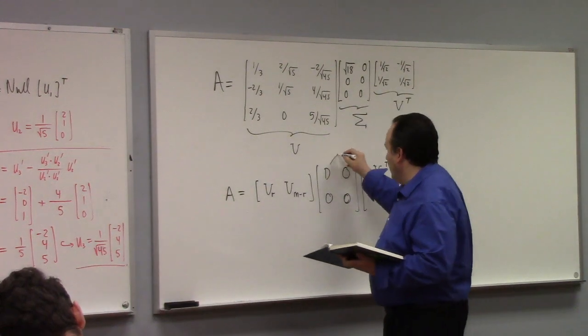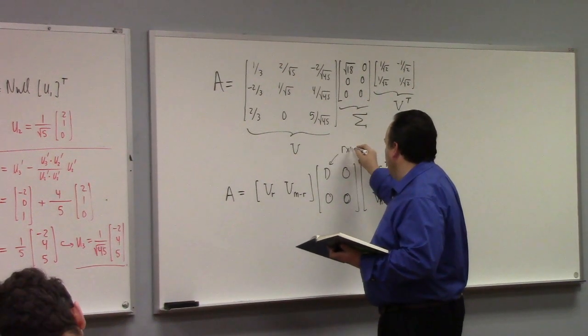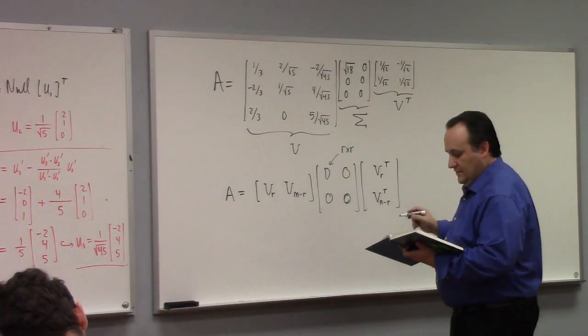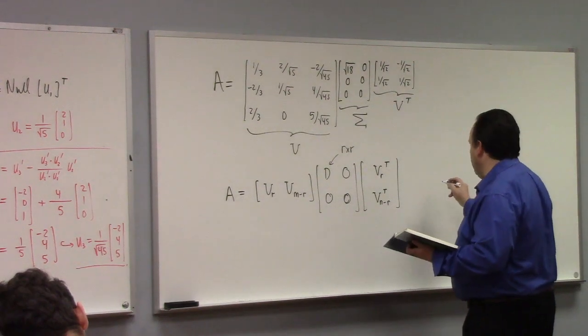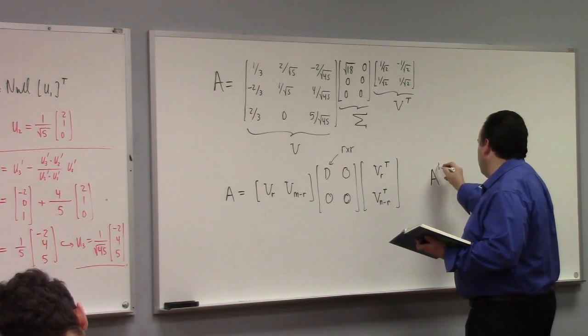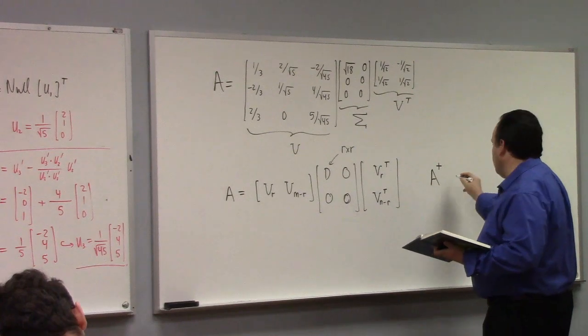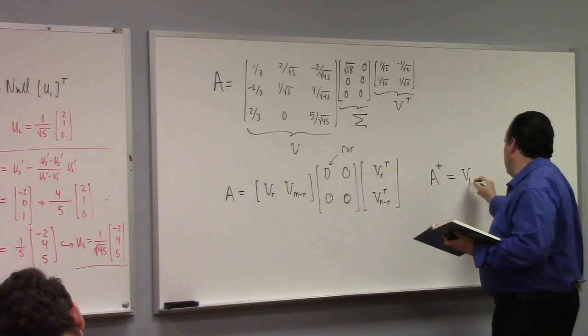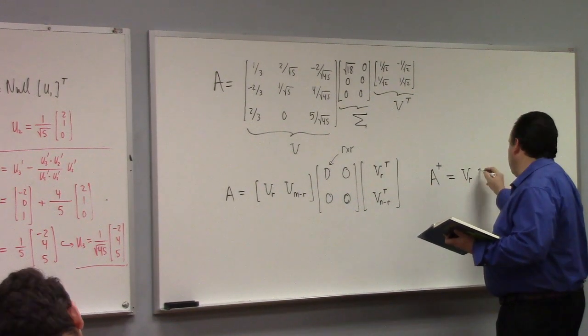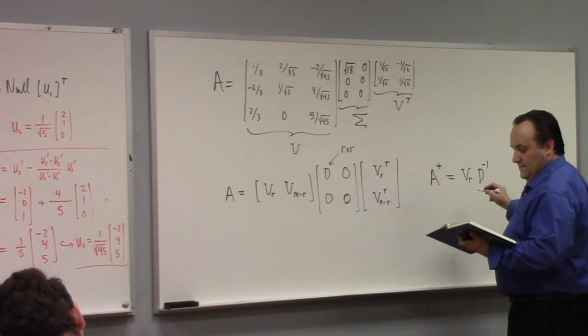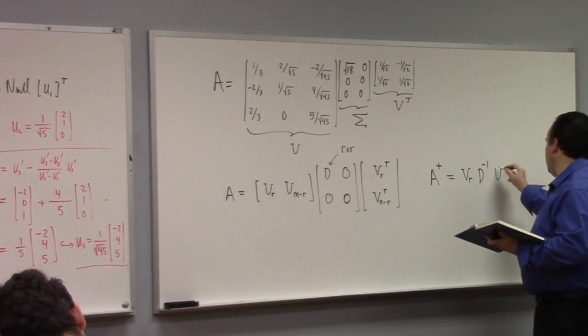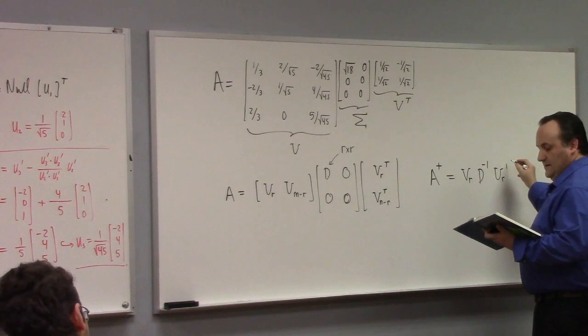And so this D is an r by r. In this context, the Moore-Penrose inverse A plus is equal to V r D inverse U r transpose.